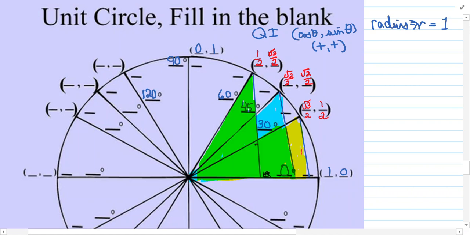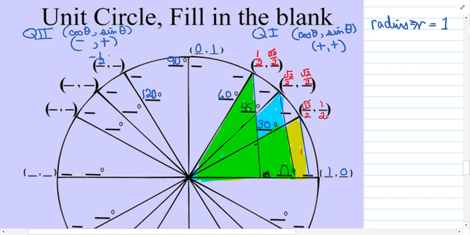And we're talking quadrant 2, where we would have again our cosine theta value and our sine theta value. And this would be negative and a positive. So I would have a negative 1/2, because the reference angle is 60.